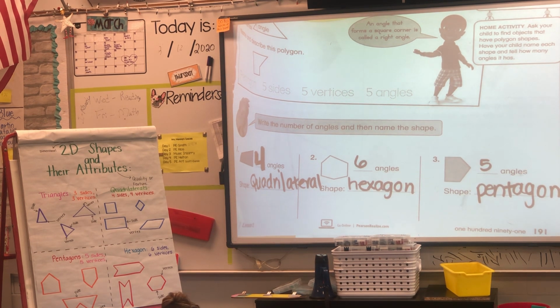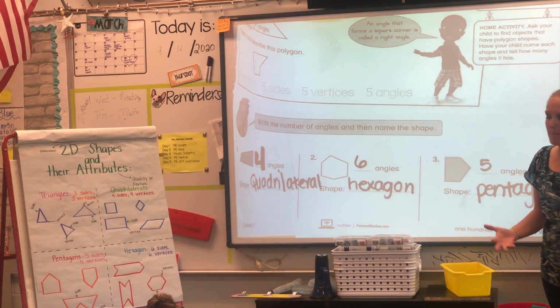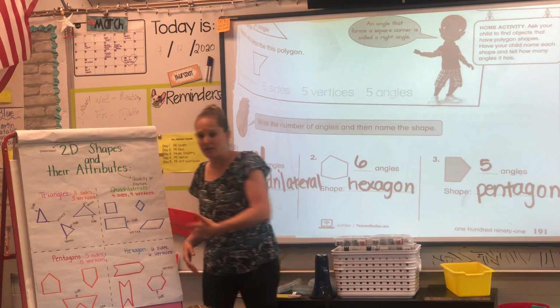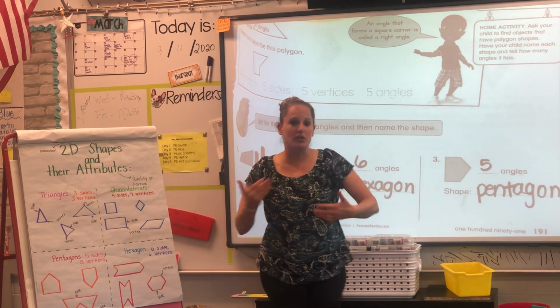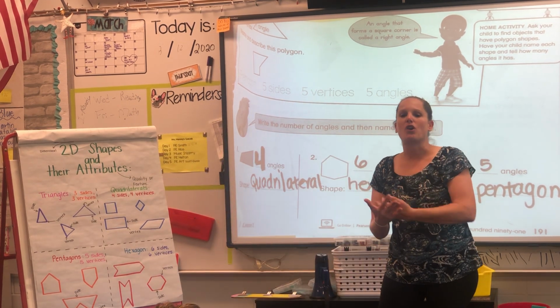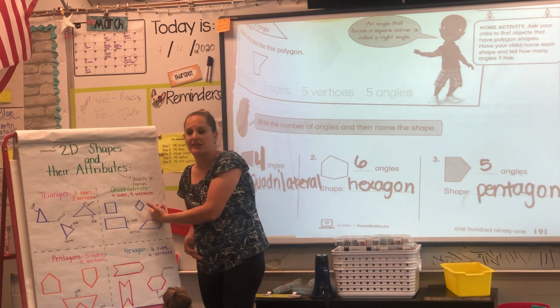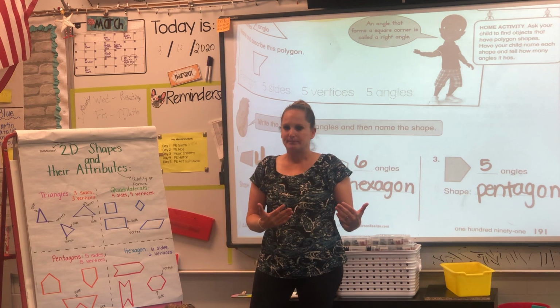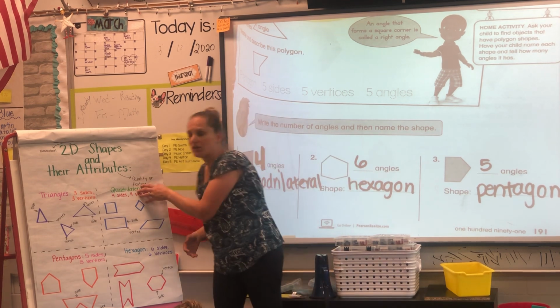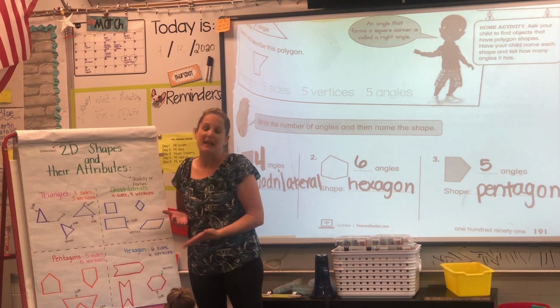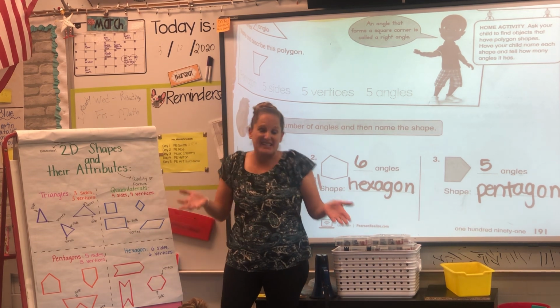Now, boys and girls, these are a lot of shapes and a lot of big words, okay? We have put a copy of this anchor chart in your Schoology folder. If you don't remember the word, I want you to go back and look at this. And also remember, we have given you the tools, we've given you the words, so you do need to spell it right, because that's a 2nd grade standard.